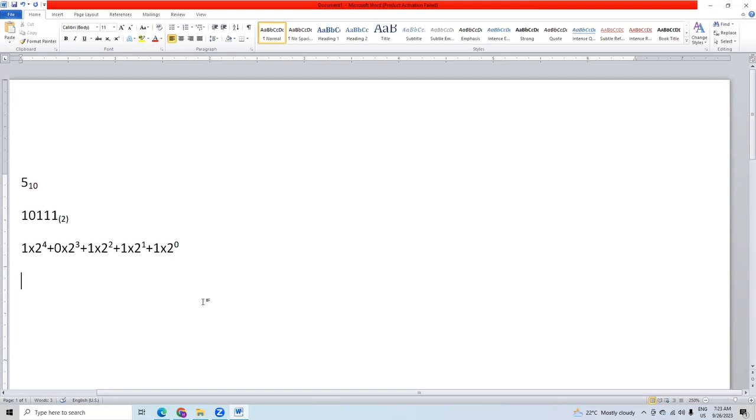So like this, the digit representation will be there. If there are any decimals, then again you have to continue the power values in the negative. 2 raised to minus 1, 2 raised to minus 2, and so on, right, okay?